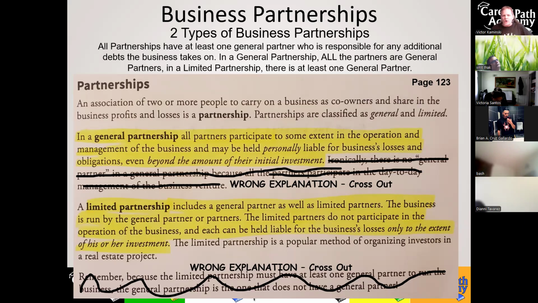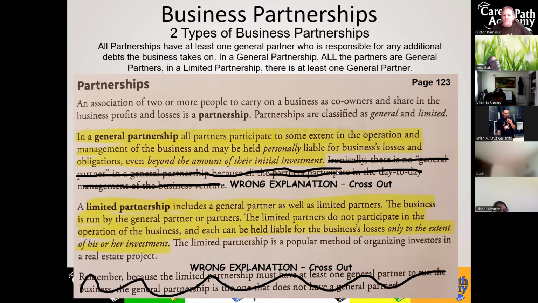So in a general partnership, all of the partners are owners of the business that actually work in the business day-to-day activities. And they can be held liable for any additional debts that the business takes on.